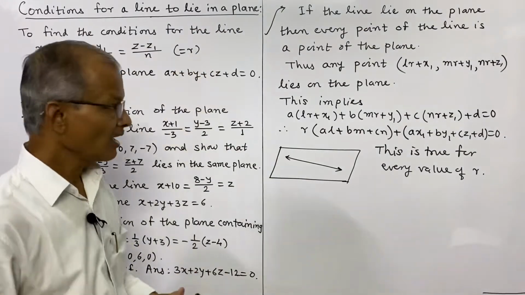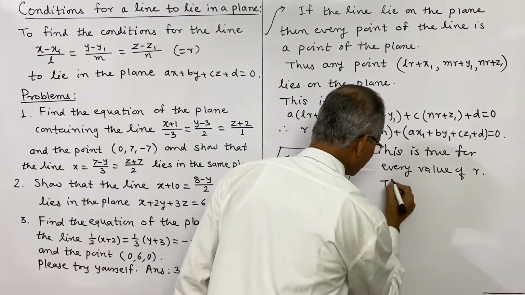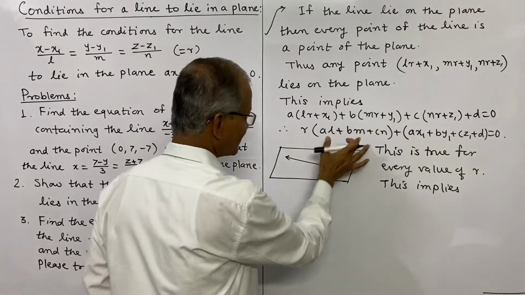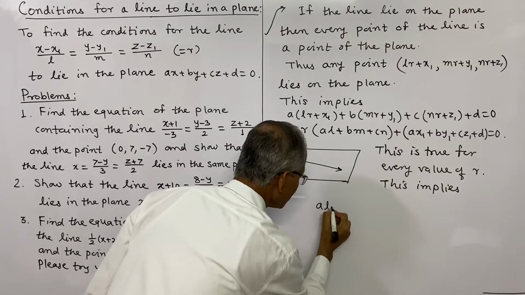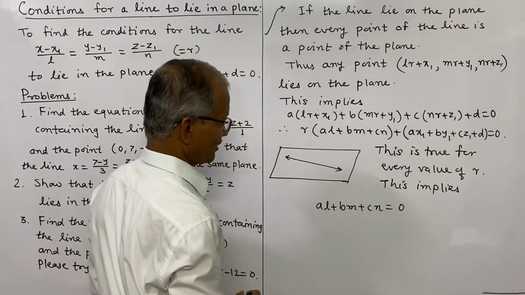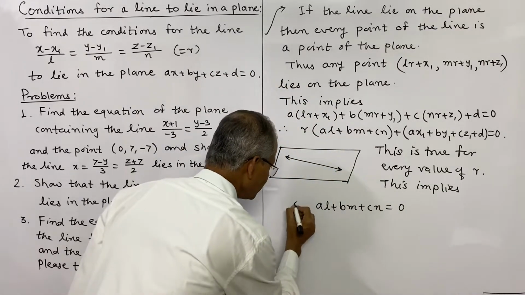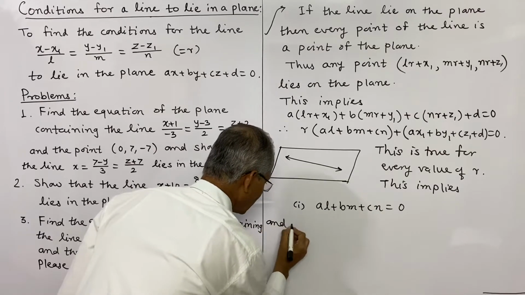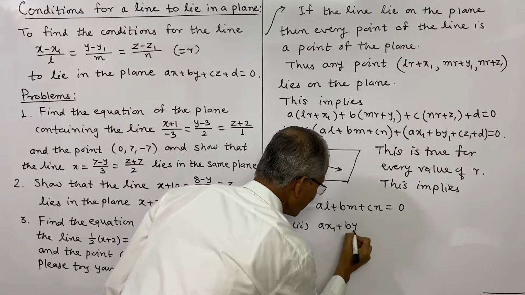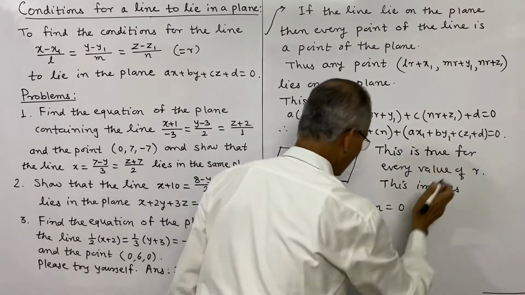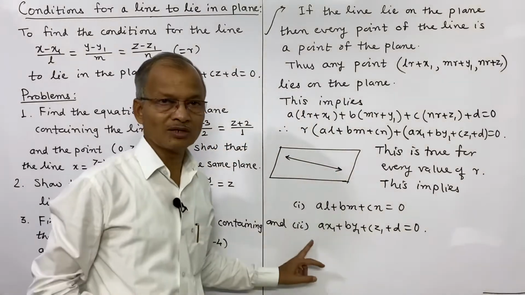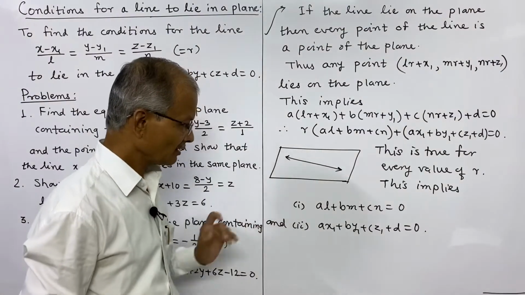So the first bracket is 0, meaning Al plus Bm plus Cn is equal to 0. That is the first condition. And the second is A x1 plus B y1 plus C z1 plus D is equal to 0. Thus these are the two conditions for a line to lie in the given plane.